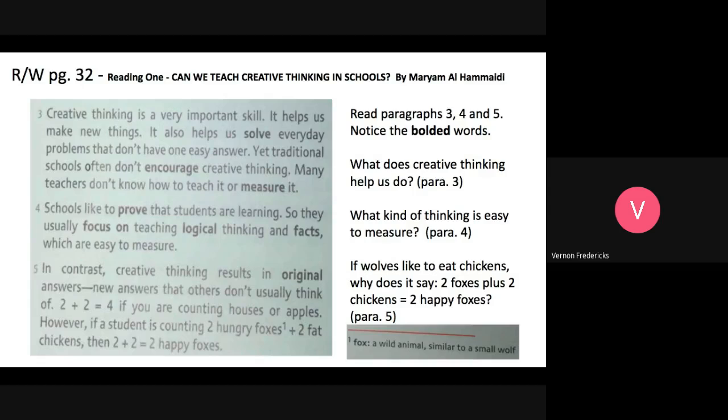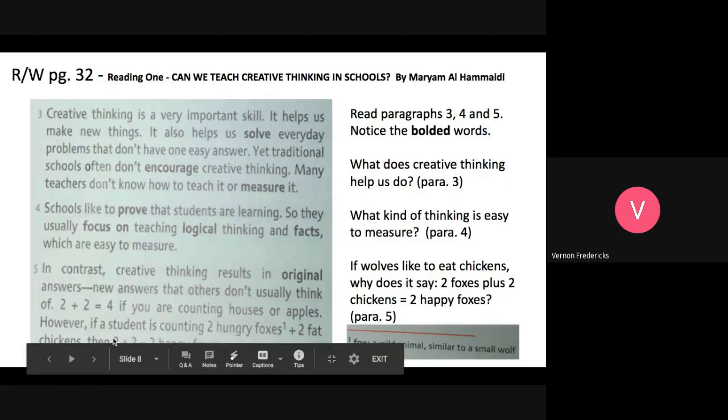So that is an example of creative thinking. If the foxes are hungry and they see 2 chickens, they eat the chickens, and the result is going to be 2 happy foxes. That's an idea of creative thinking, or giving a creative answer.